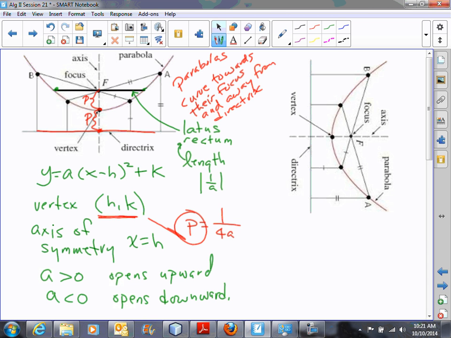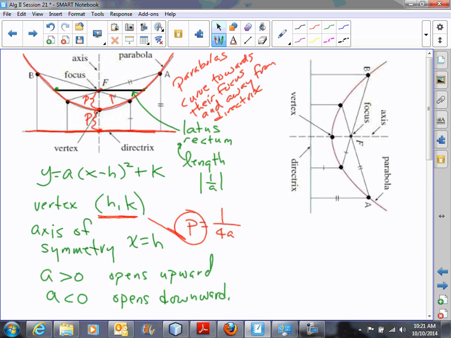If you look at this parabola here, notice that its curve is towards the focus. In other words, its curve is this way. Here's the focus. And it's curving away from the directrix. Here's the directrix. And as you move out, you're seeing that it's curving away from it.